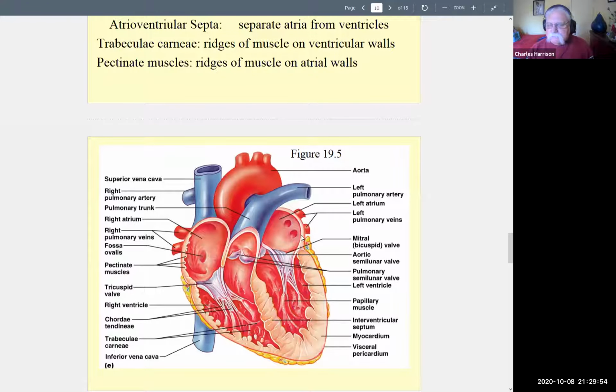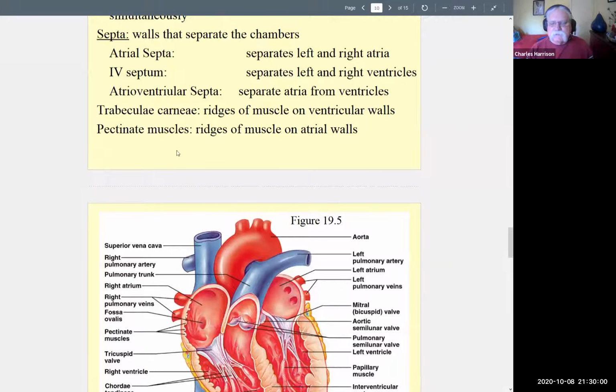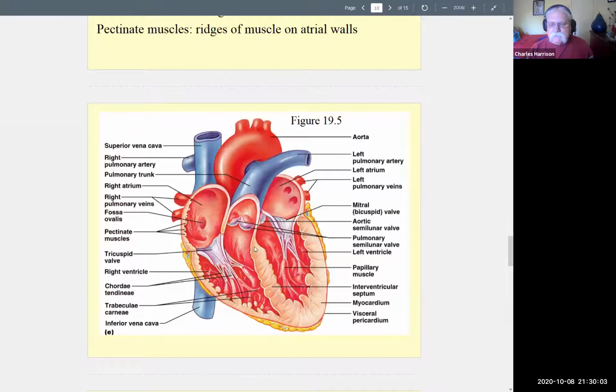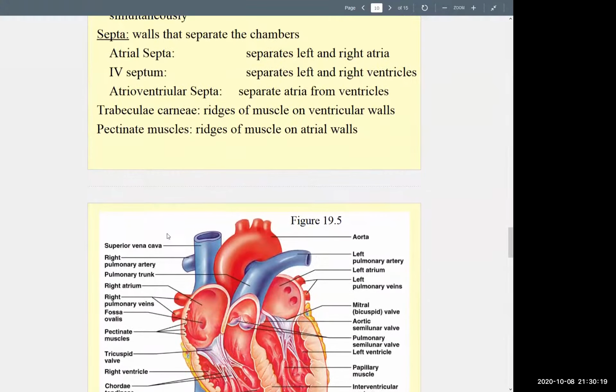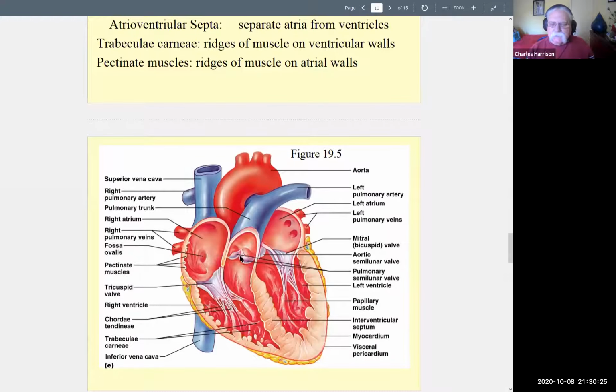And the IV septum, this one here, is the interventricular septum, separating the left and the right ventricles. The atrioventricular septa is the septa that goes right across. Just lives up to its name.